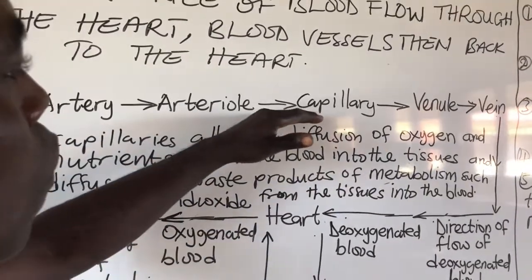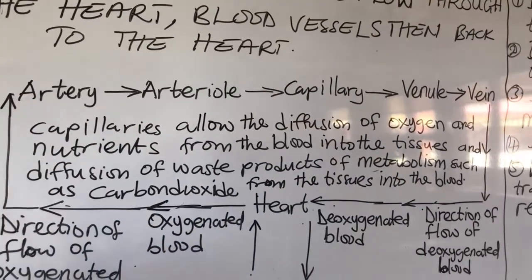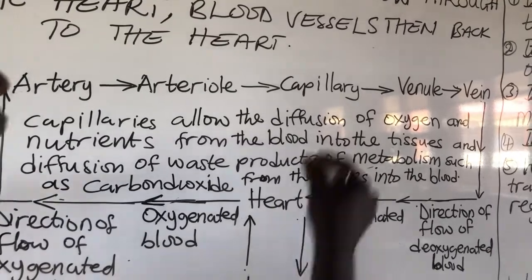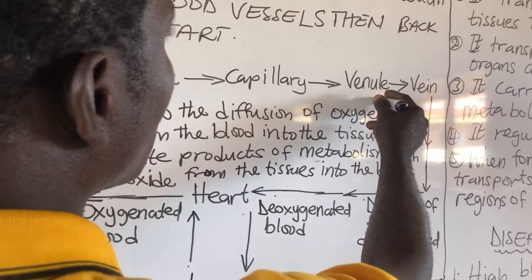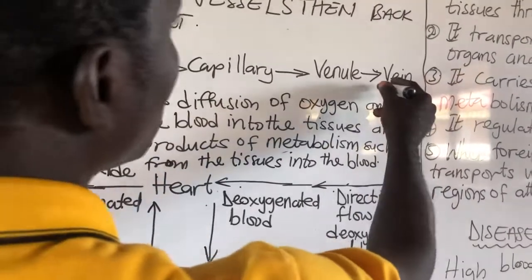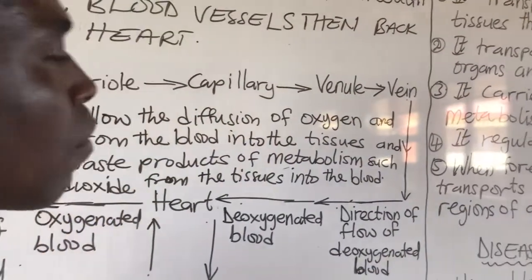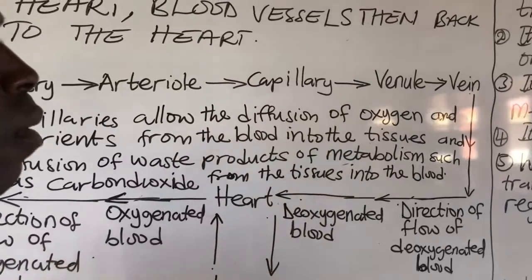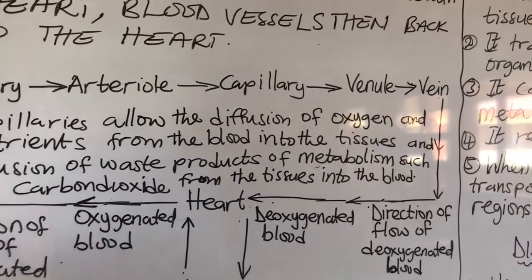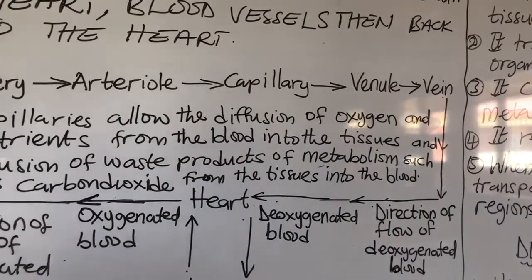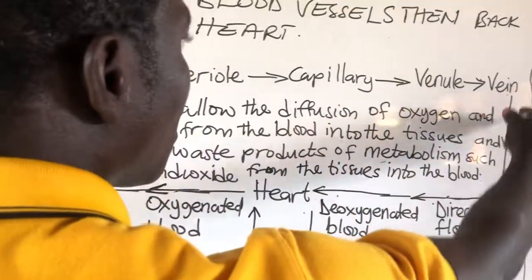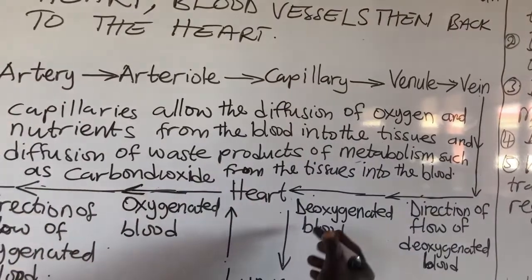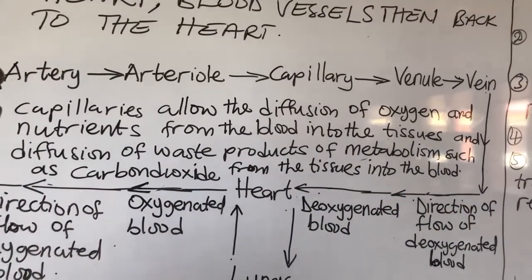Then it passes through to the capillary tubes. And from the capillary tubes, it flows into the venule. Venule connects to the vein, which is another tube that blood flows through. And from there, it moves into the heart again.